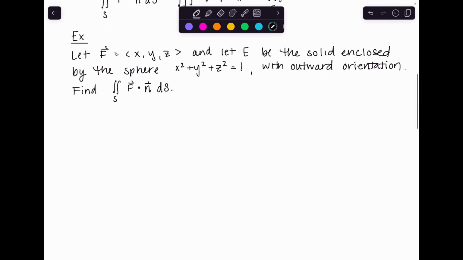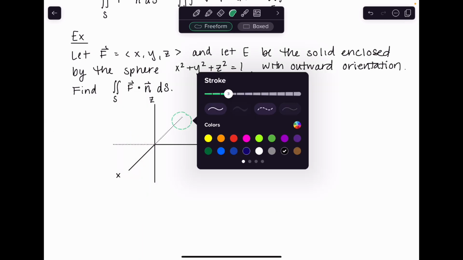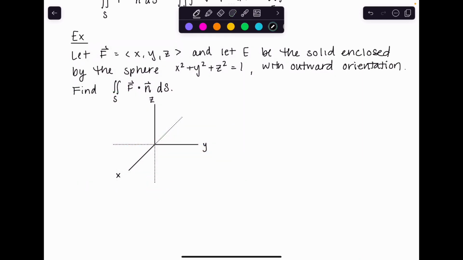So I'm going to start by drawing this surface itself. So we've got our sphere. You can draw in the negative axes as well because we've got the whole sphere and not one piece of it. And we'll go ahead and turn these into dotted lines. Okay. So our sphere, we've got the top half of it.